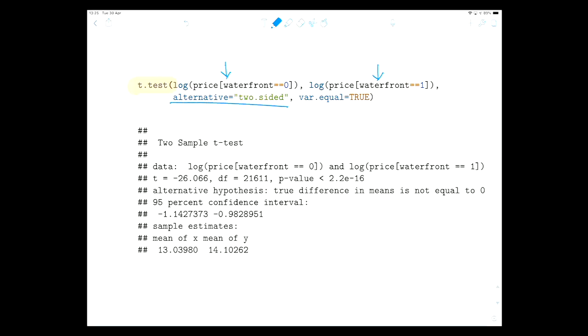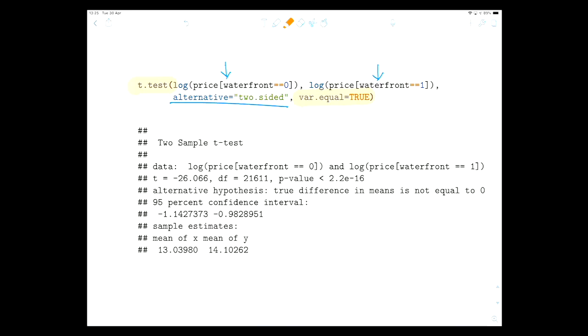You specify what alternative you want to test. So we're choosing a two-sided alternative. And the last bit is the equal-variance option. Typically this is what we mostly choose unless we have strong reason to suspect that the variances of the two groups are not the same.